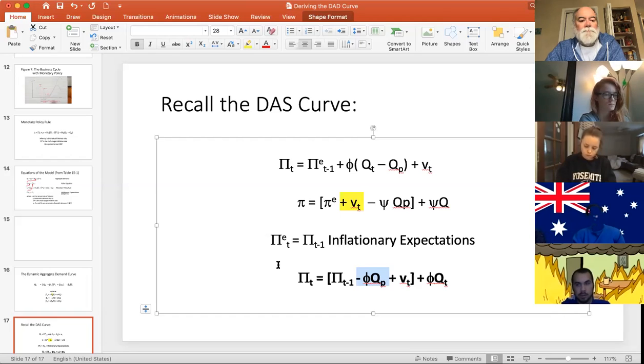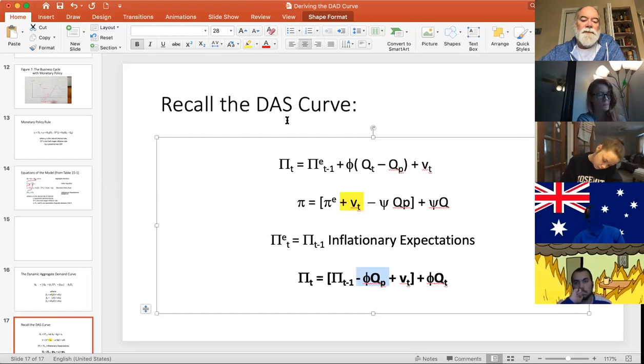Okay. So why is the potential negative when the actual GDP is positive? Is it based on which one is full employment? No, that has to do with the definition of what a DAS curve is. This has to be positive so that we have an upward sloping curve.